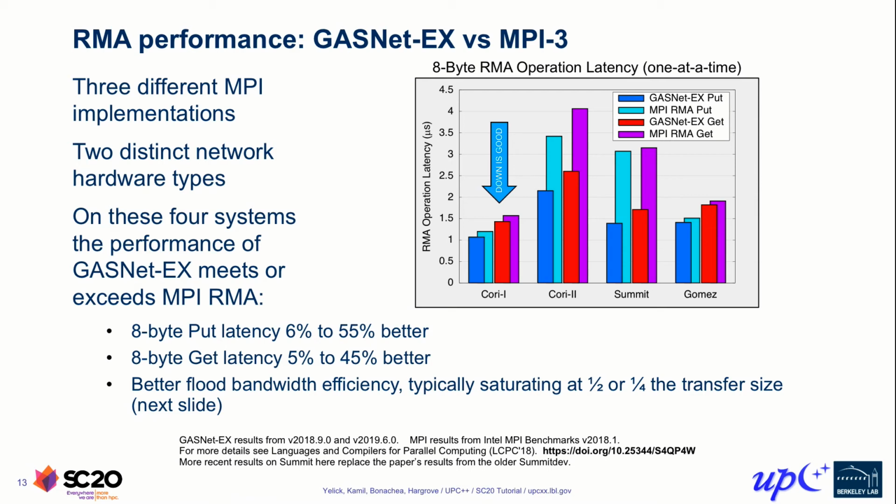And these are the 2 different partitions of the Cori system, where Cori 1 is the Haswell nodes and Cori 2 is the KNL nodes. So you see that advantage in latency. Overall, that corresponds to an advantage from just a few percent, so really negligible, up to about 50% on the 2 different types of communication events.